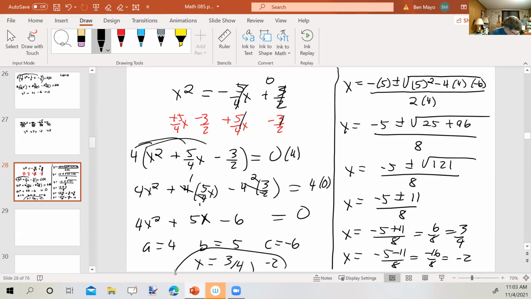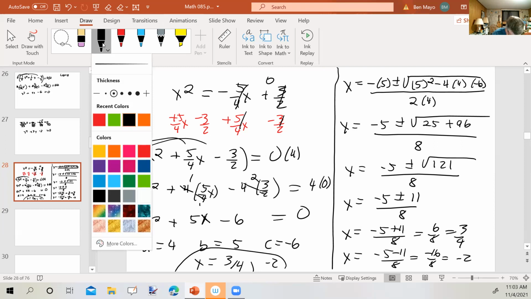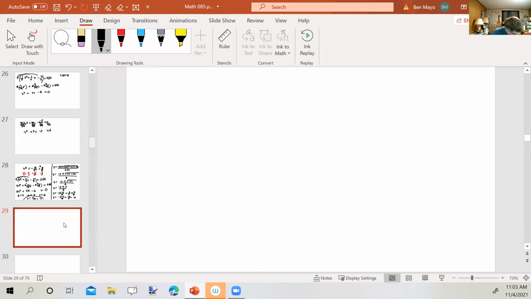Okay, let's see here. This one. X times x minus 27 equals 280. So we need to get this equation in standard form.